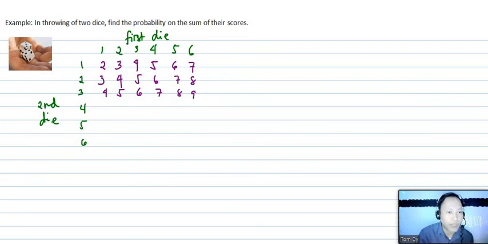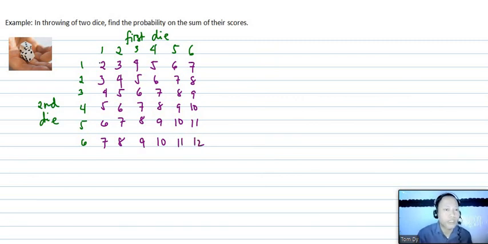And then 4 plus 1, that is 5, 6, 7, 8, 9, 10. 5 plus 1 is 6, 7, 8, 9, 10, 11. And then we have here 6 plus 1, that is 7, 8, 9, 10, 11, and then 12. So these are the possible outcomes when we throw 2 dice. Okay.